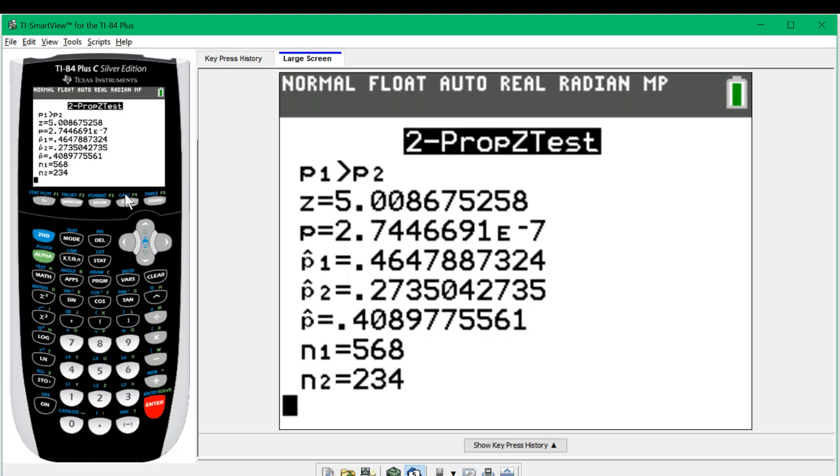Just to double check to make sure we did this all correct. Is our p1 hat and our p2 hat correct? 0.427 for the females, 0.274 for the males. The males look good. Females, I don't know about that. We should probably check those females. 264 doesn't look close to 427. Let's check it.